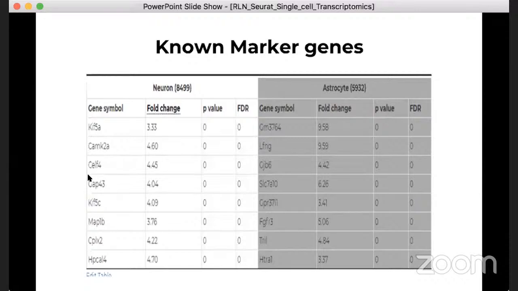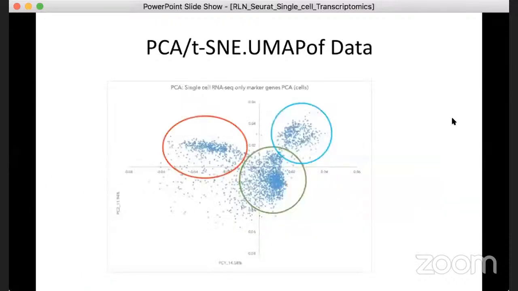From here, with the help of nonlinear dimensionality reduction techniques like t-SNE and UMAP, we can visualize distinct clusters of cells that the data in our count matrix describes.